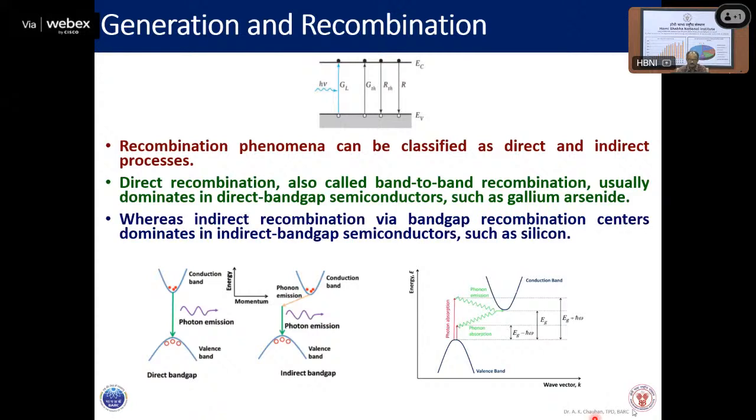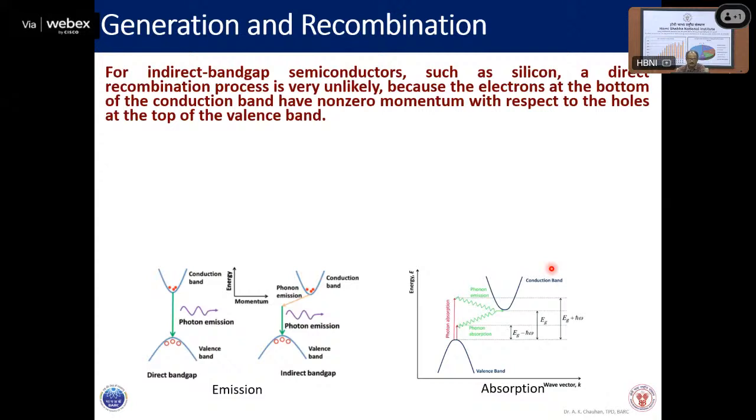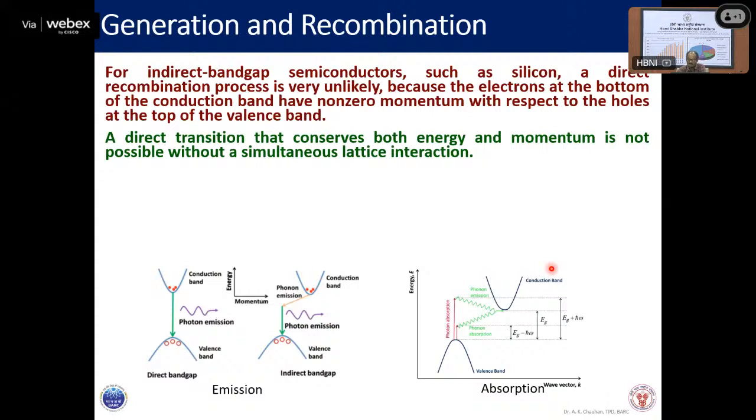So indirect recombination via band gap recombination centers dominates in indirect band gap semiconductors, such as silicon. For indirect band gap semiconductors such as silicon, a direct recombination process is very unlikely, because the electrons at the bottom of the conduction band have non-zero momentum with respect to the holes at the top of the valence band.